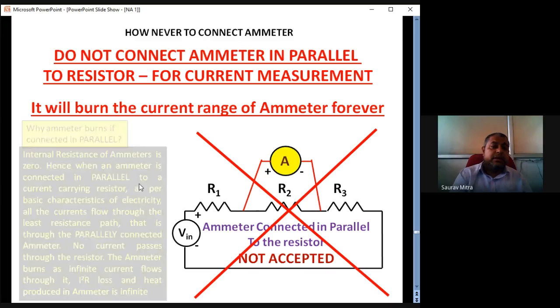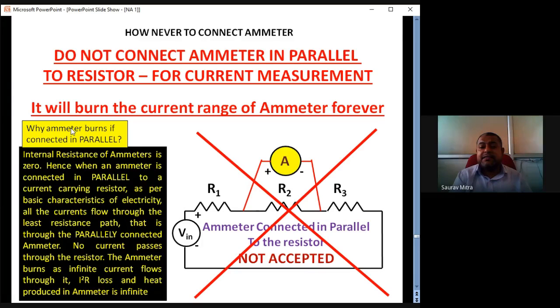Why not? The reason is given here. Why does an ammeter burn if connected in parallel? So this ammeter current range will burn. The internal resistance of the ammeter is 0. We know that. Hence, when an ammeter is connected in parallel to a current carrying resistor, here the current carrying resistor is R2.